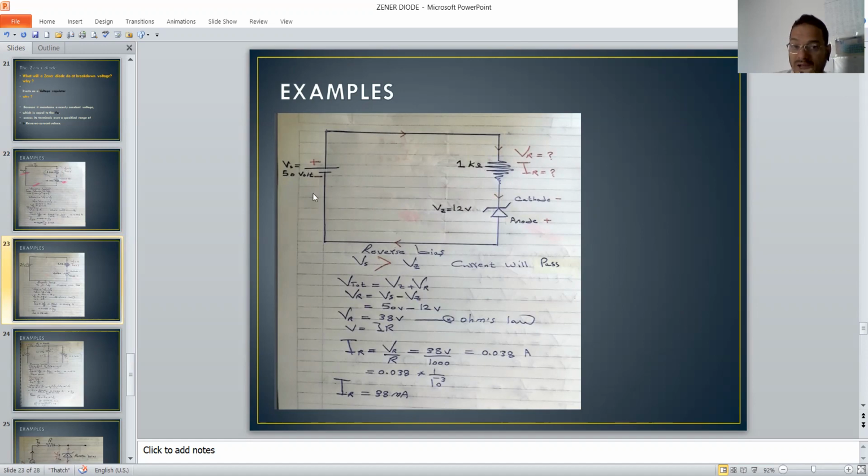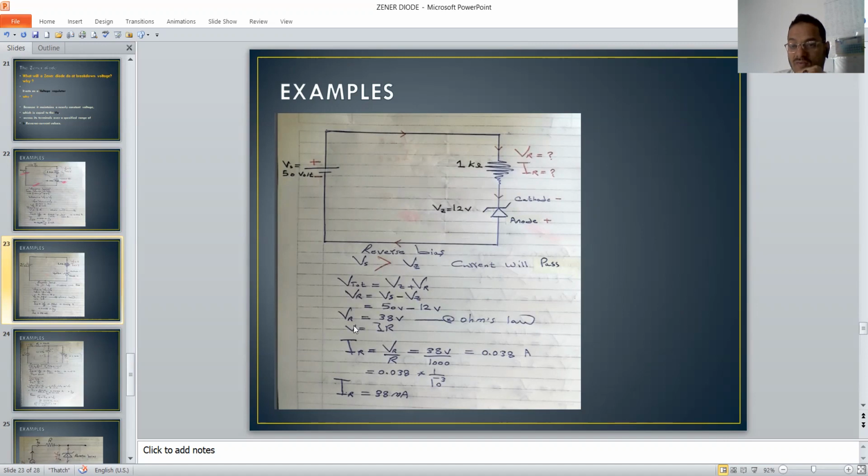The condition is applied because here V source is bigger than the Zener voltage, because of that the current will flow through it. We will use V total to calculate the voltage at this resistance. V total equals V source plus the Zener voltage.